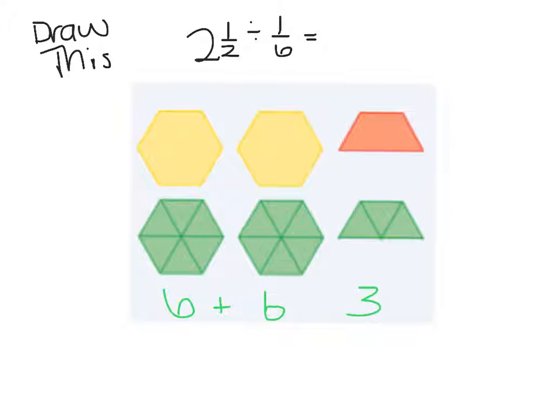When we add how many 1/6 pieces are in 2.5, we get 12, 13, 14, 15 is our answer. I think this is a really good representation of what it looks like. So I want you to draw this very carefully into your notebook. And when you get confused, look back at this picture.